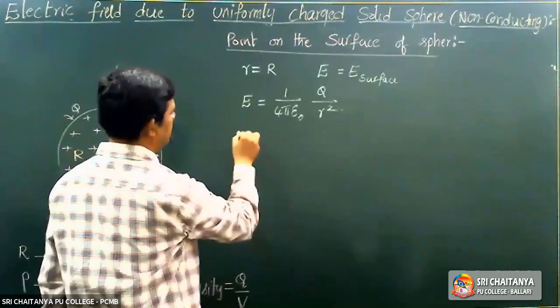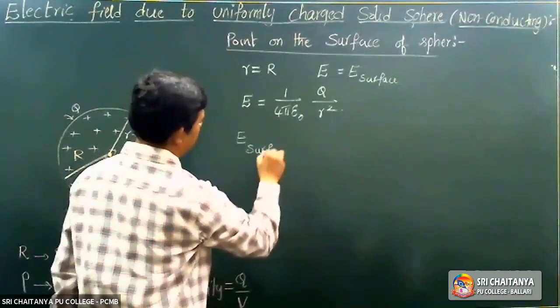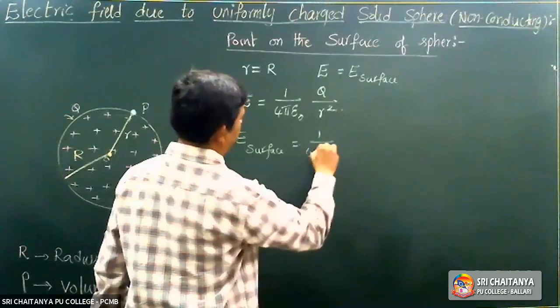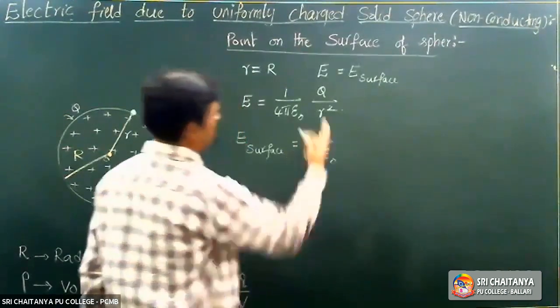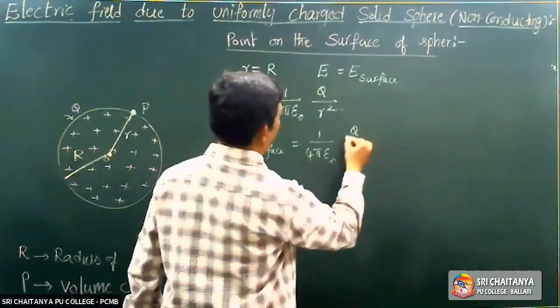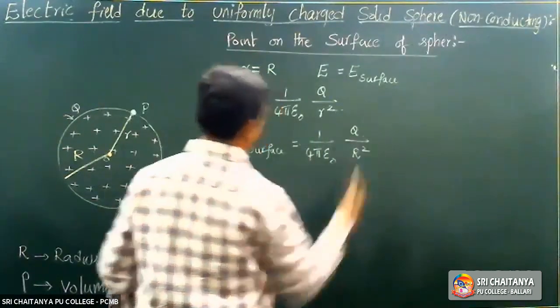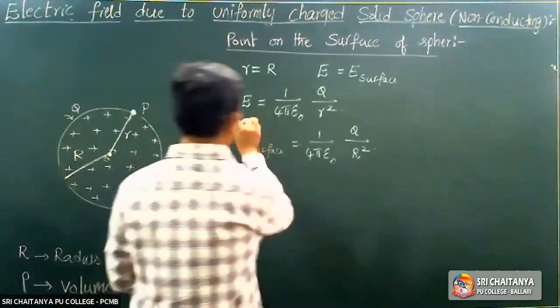Then this becomes E on the surface: 1 by 4 pi epsilon naught Q by, in place of small r, capital R square. That's it. This is the expression.